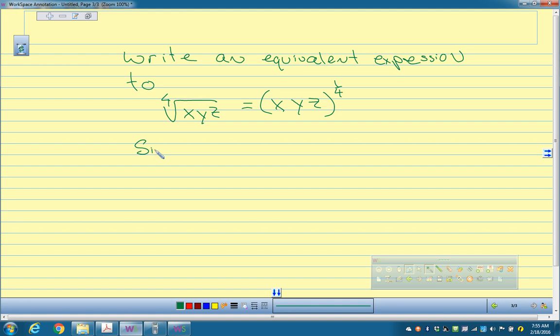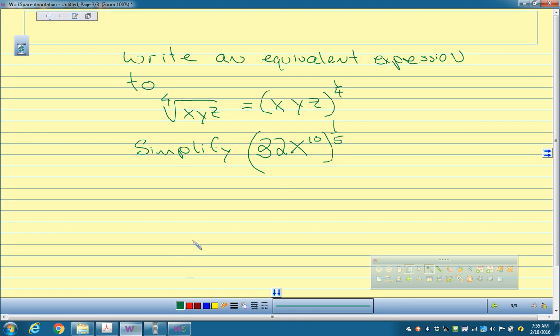Simplify 32x to the 10th, that whole thing raised to the 1/5 power.